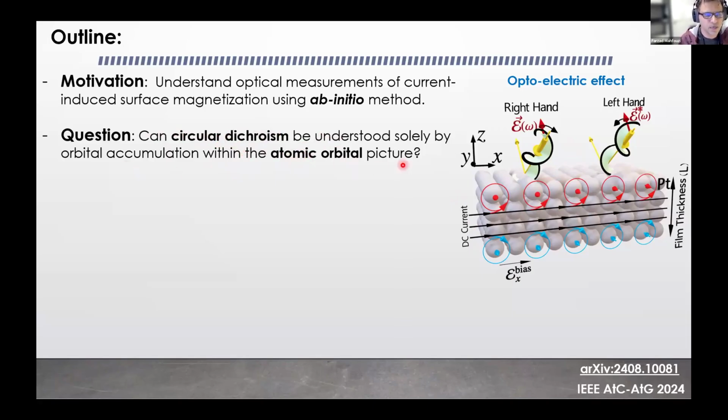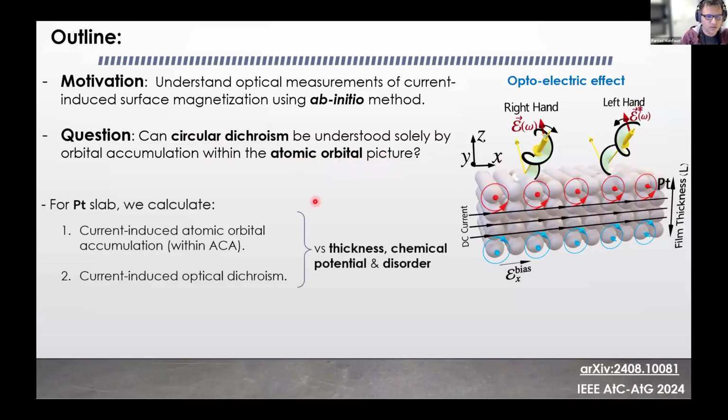And then there is another way, which is to directly calculate orbital accumulation using the atomic orbital picture. And then we consider platinum, and we change the thickness, chemical potential, and disorder, and see whether these two quantities relate to each other, whether they correlate or not.